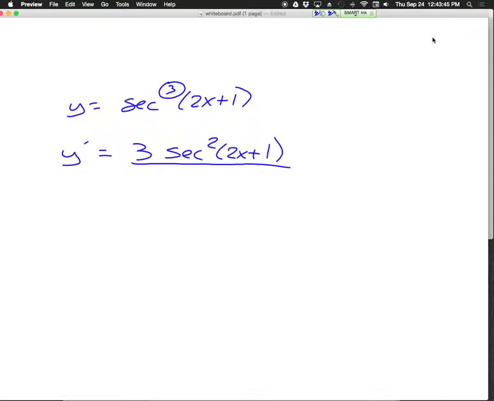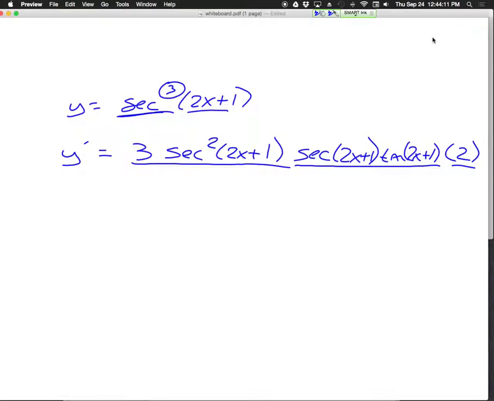What's the next outermost function? Secant. So the derivative of secant is secant tangent. So that right there is the derivative of secant. And now I need to take the derivative of the inside of that, which is 2x, and the derivative of that is 2.